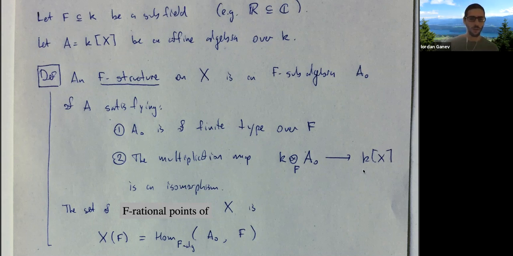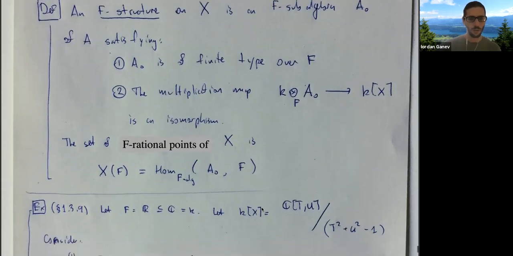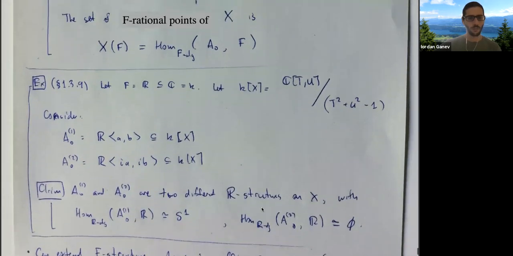And moreover, the set of F rational points of X is the set of F algebra homomorphisms from A0 to F, the field F with its usual F algebra structure. If you want to get a handle on this, you can think about this example from Springer. This is the affine algebra we're considering: the polynomial algebra in two variables modulo the ideal generated by t squared plus u squared minus 1.